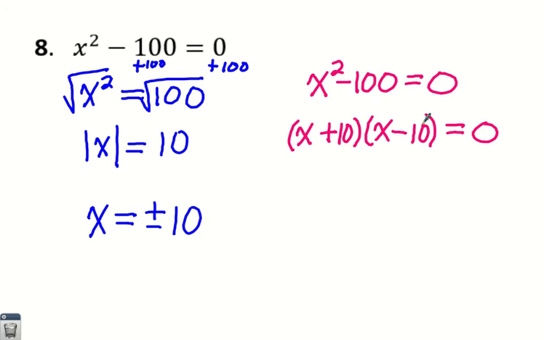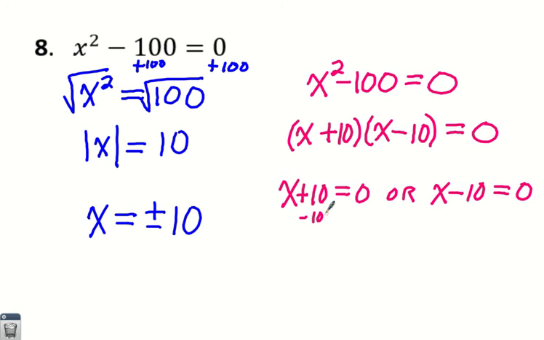Just like if you went to factor x squared minus 16, the bubbles would be x plus 4, x minus 4. But continuing on, we can set both factors equal to 0 and then solve each simple equation for x.